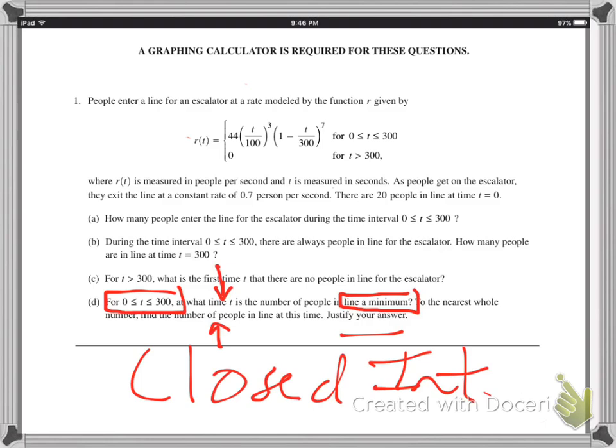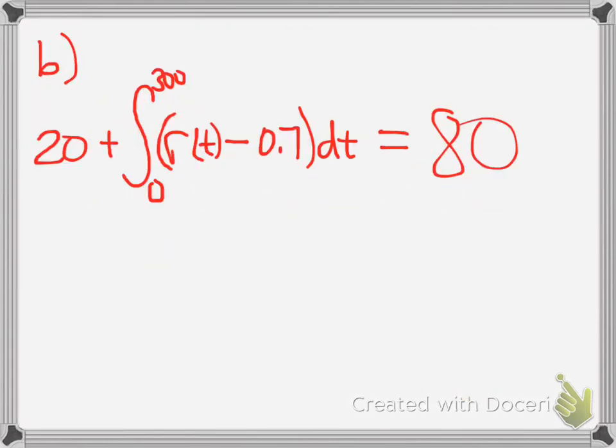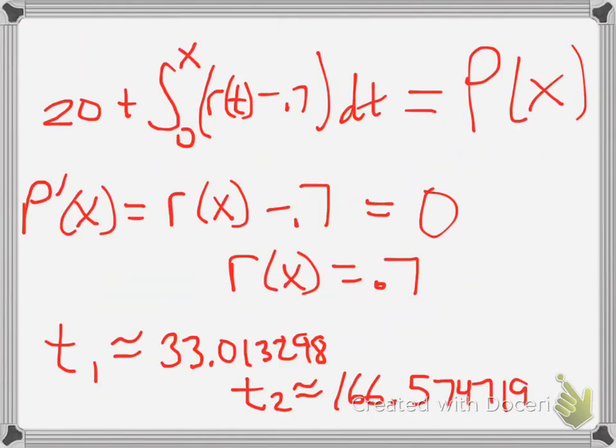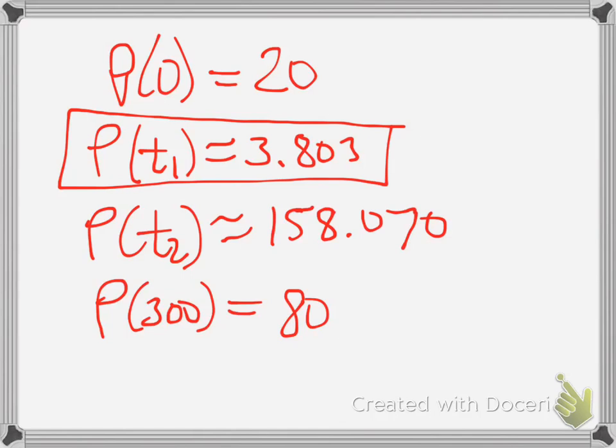So don't say there's 3.8 people in line. So you'll say at 33.013 seconds, there are 4 people in line. Round that to the nearest whole number in the sentence that you write.